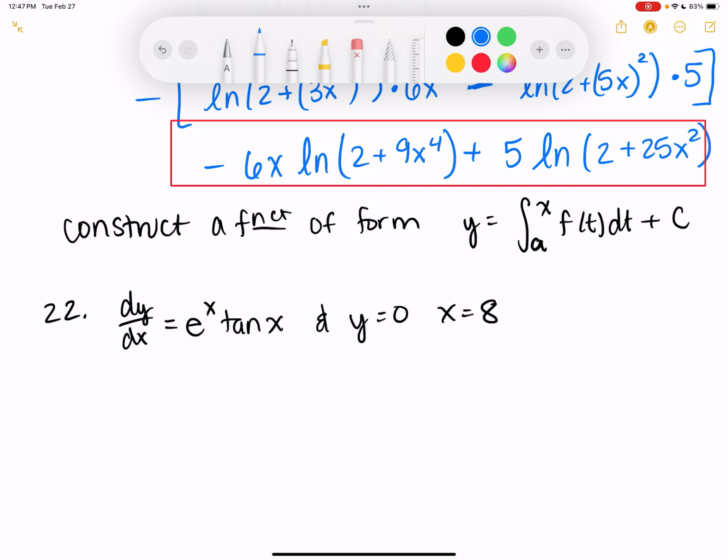So this is going to become y equals the integral from 8 to x of e to the t tangent of t, because it wants everything with respect to t here, dt. And this would be plus 0, but we don't really need to write that, because it's just 0, but just for reference for you.